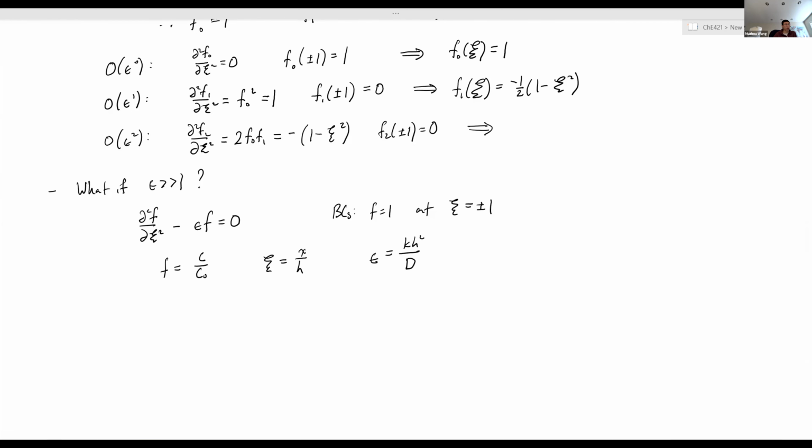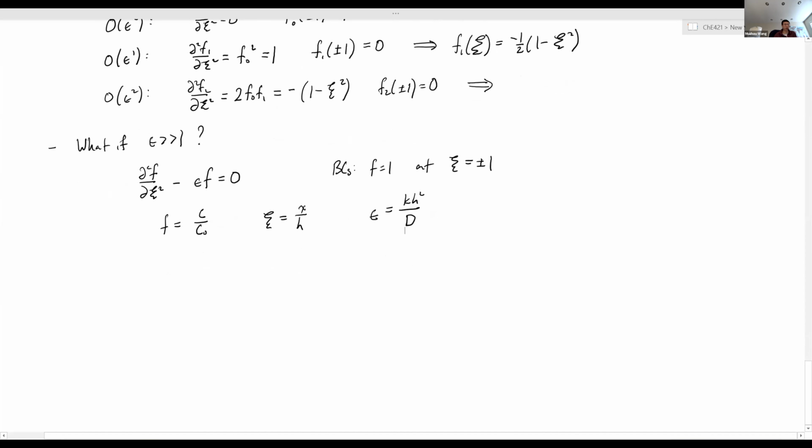And so if epsilon is much, much greater than 1, then maybe we can do something similar to what we were doing before. Except it's kind of annoying to have this term go to infinity, so maybe instead we can try a perturbation expansion where we look at a delta that's defined as 1 over epsilon.